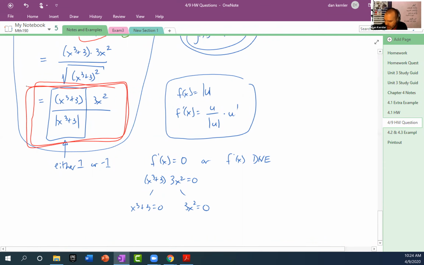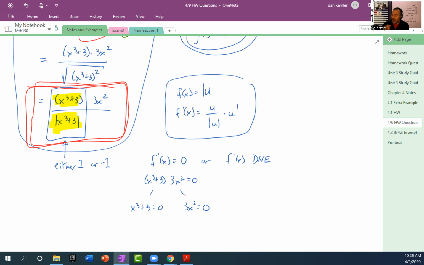And so what happens if x cubed plus 3 is 0? The derivative is not actually going to be 0. What happens if x cubed plus 3 is 0? No, not if x cubed is 0.